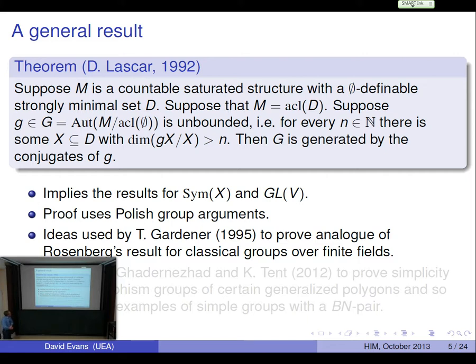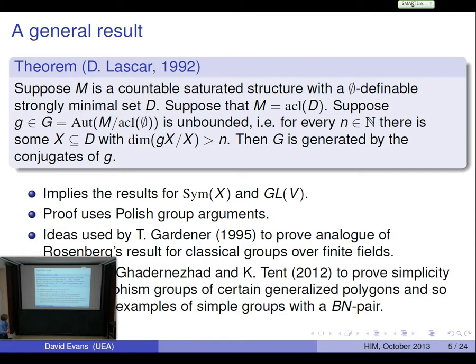Tim Gardner in 1995 used this to prove the analog of Rosenberg's result, the one about the general linear groups, for classical groups over finite fields. So these are the orthogonal, symplectic and unitary groups. Again, the result there is that modulo scalar multiples of the finite transformations, the automorphism group is simple.